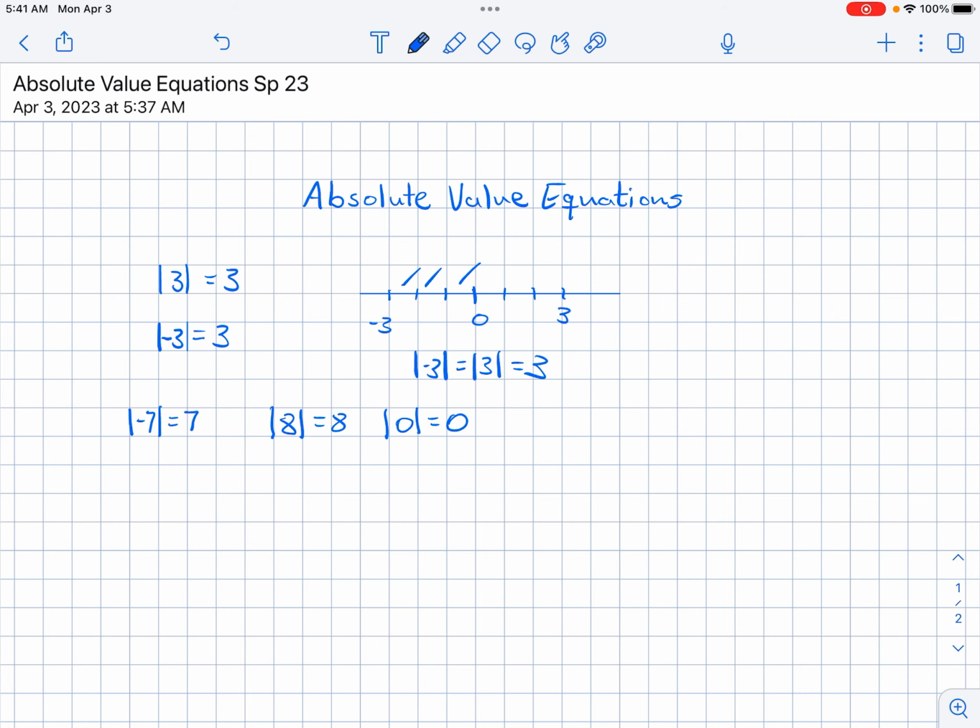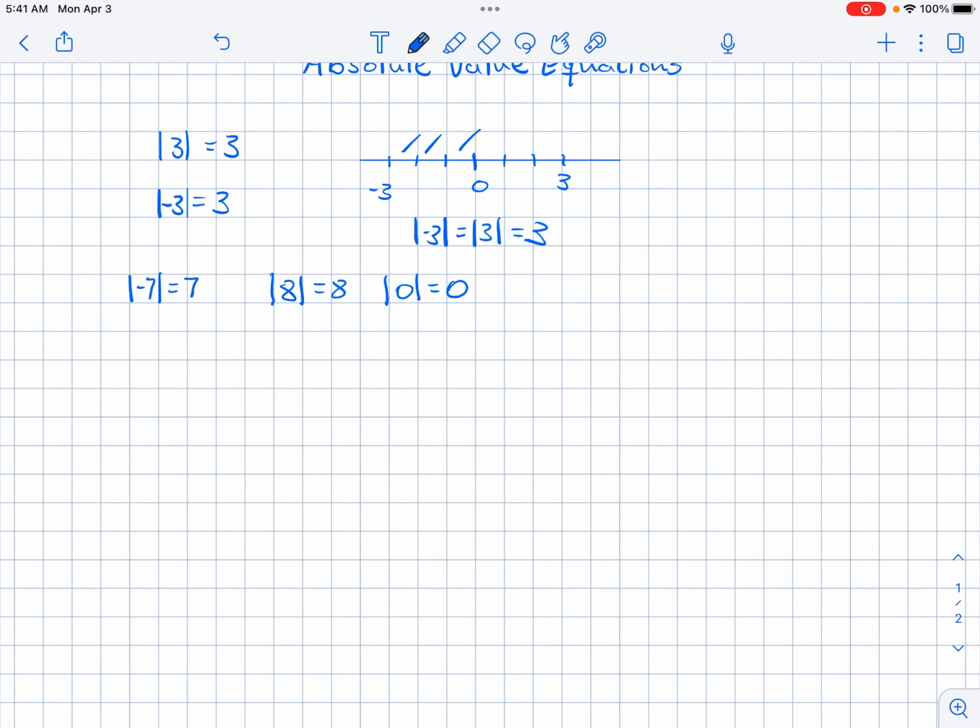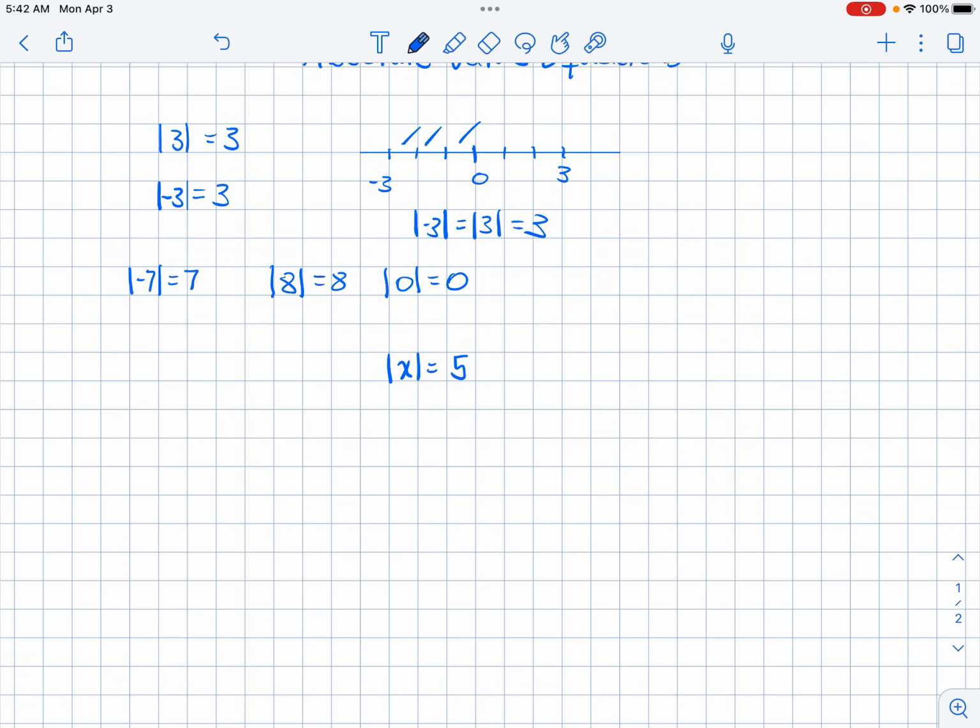Now, what we want to do is look at problems like this. Let's suppose that we've got the absolute value of x equals, let's say, 5. And we want to look at, well, what values for x will make that true? Now I'm going to look at it graphically here. So let's suppose here's 0 and here's 1, 2, 3, 4, 5.